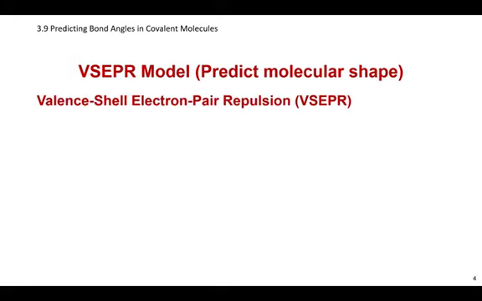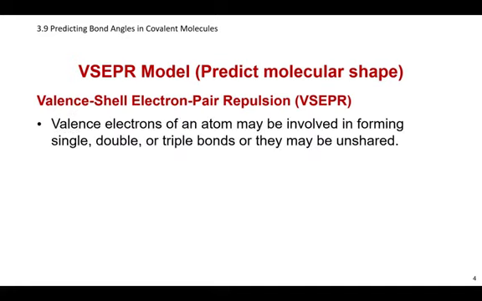When you look at the valence shell of an atom, the last electrons are distributed around the atoms making the Lewis structure. So therefore, these electrons will repel each other and make the shape.